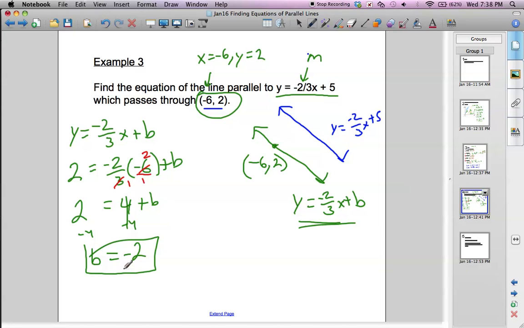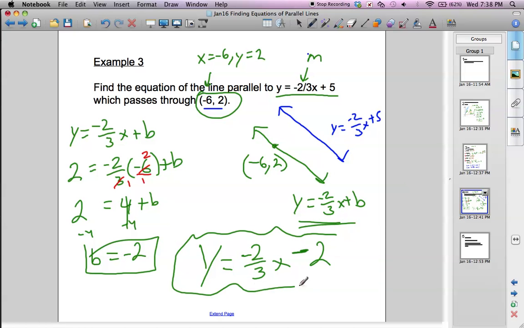So that's the y-intercept, and we have the slope, so the equation of the line is going to be y equals negative 2/3 x plus negative 2, or you can just say minus 2. Okay, so that's our equation. So remember, parallel lines have the same slope, but a different y-intercept.